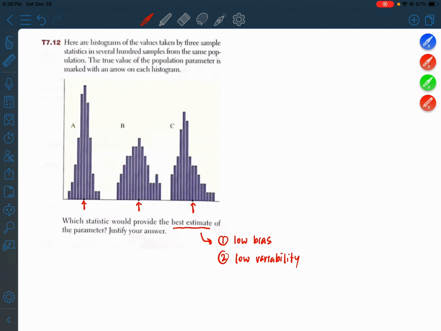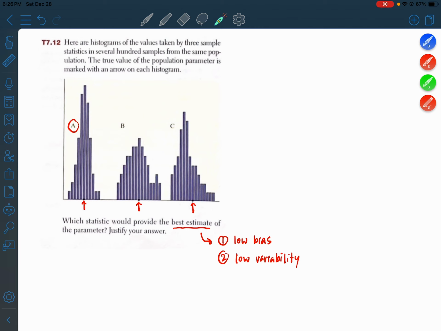Okay. All right, so for those 2 reasons, I would say that choice A is showing the best estimates. We're seeing that about half of the estimates are too low and about half are too high, so there's no tendency to over or underestimate.